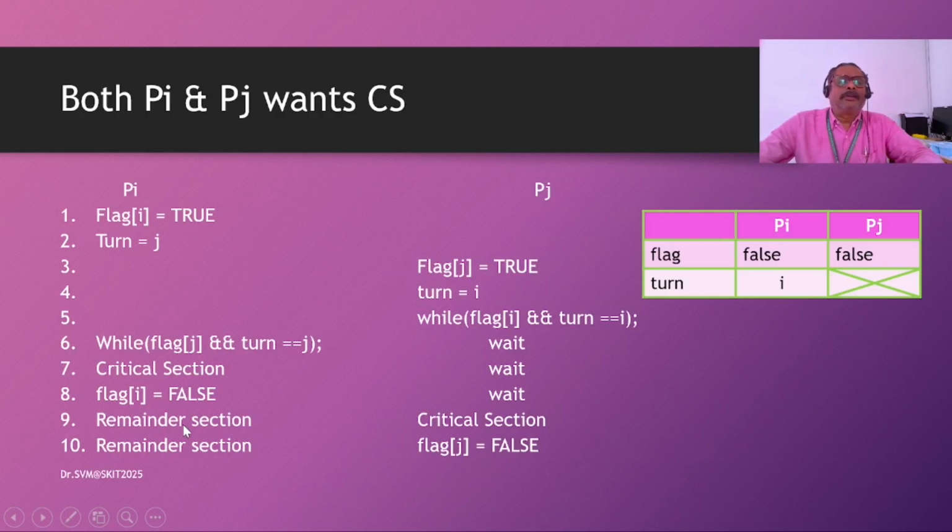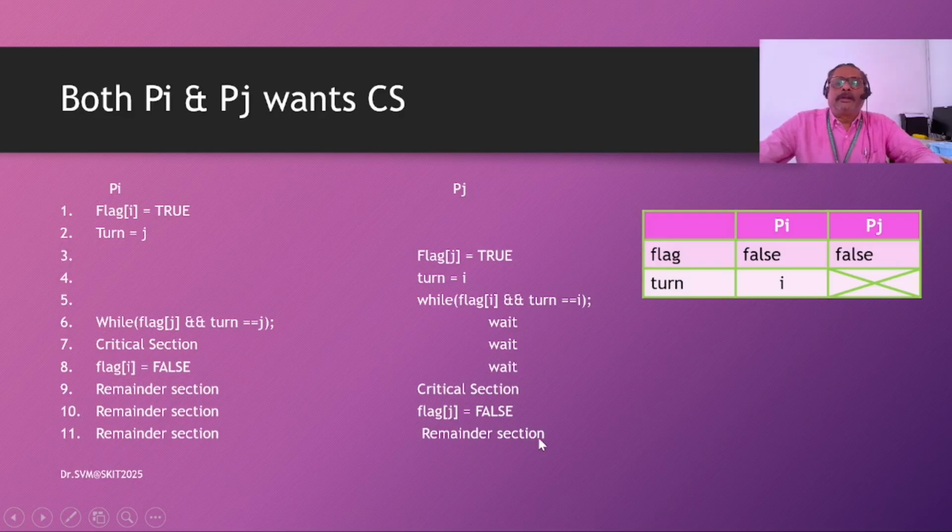It keeps doing other non-critical activities, and once flag J is made false, it also enters the remainder section, and continues working there.